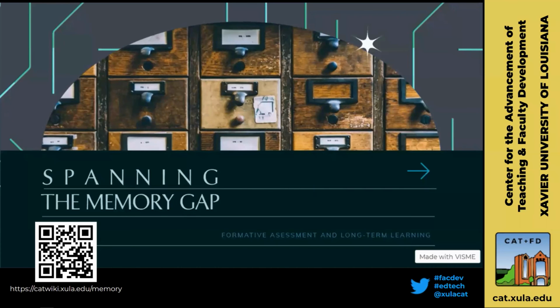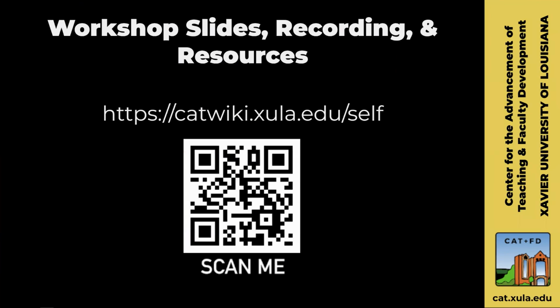I also want to point out a workshop that Jay did last semester, Spanning the Memory Gap. It was a great workshop on formative assessment and long-term learning. If you haven't seen it, a link to the recording is on the wiki resource page as well, catwiki.zula.edu/self.